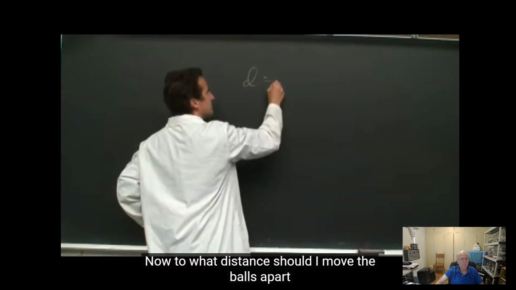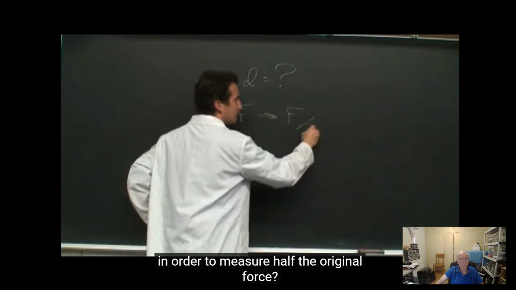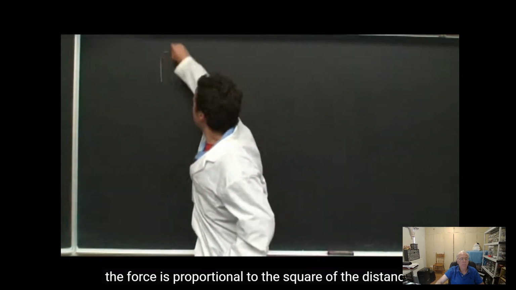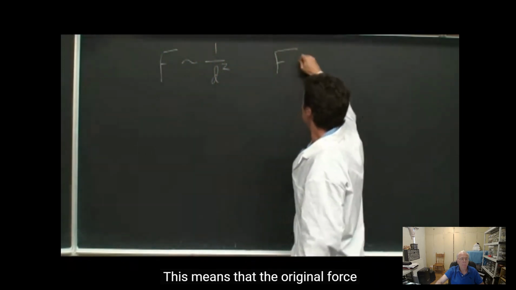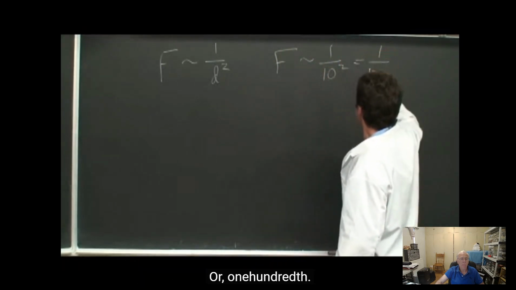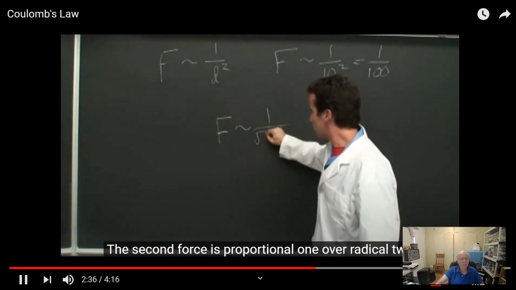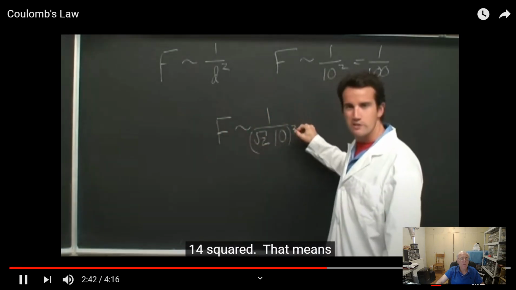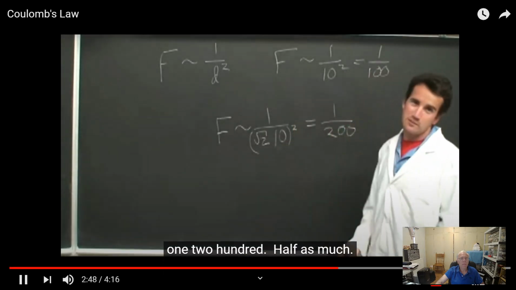Now, to what distance should I move the balls apart in order to measure half the original force? The force is proportional to 1 over the square of the distance. The original force was proportional to 1 over 10 squared, or 1 over 100. The second force is 1 over (radical 2 times 10) squared, which is 1 over 200, half as much.